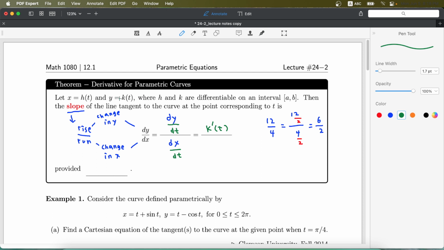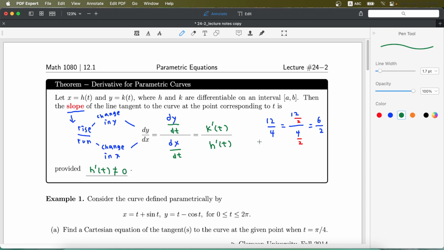So you take the derivative directly. Similarly, dx over dt is the derivative of x with respect to t, and since x is a function of t, we just take the derivative directly. So dy over dx is k prime of t over h prime of t, provided that h prime of t is non-zero.